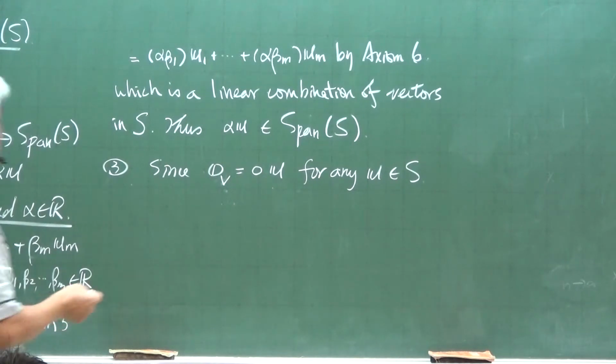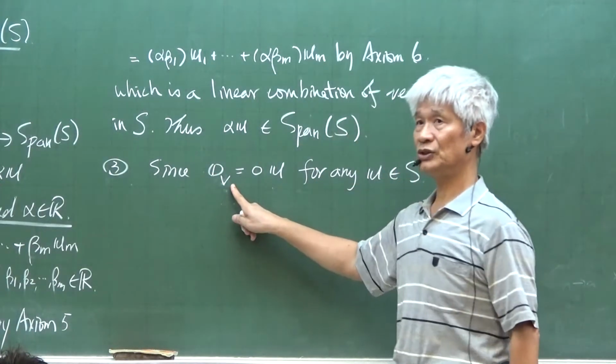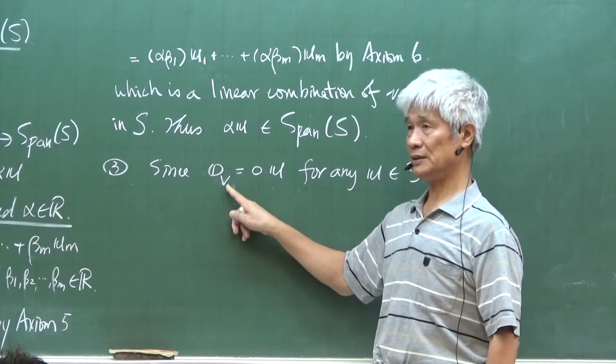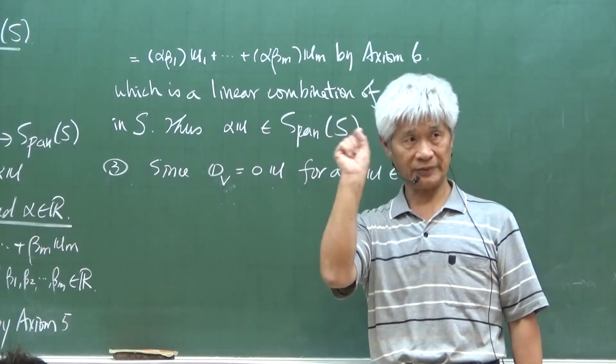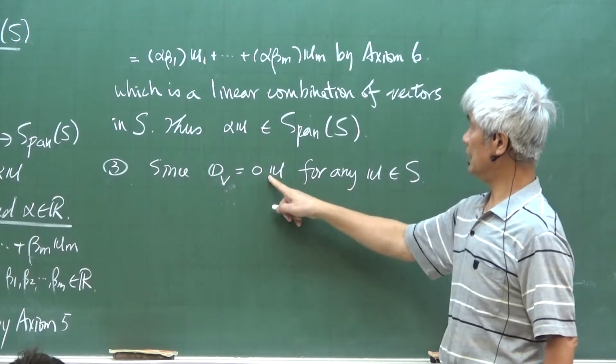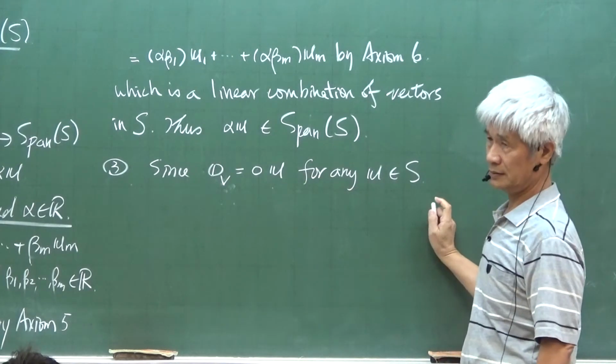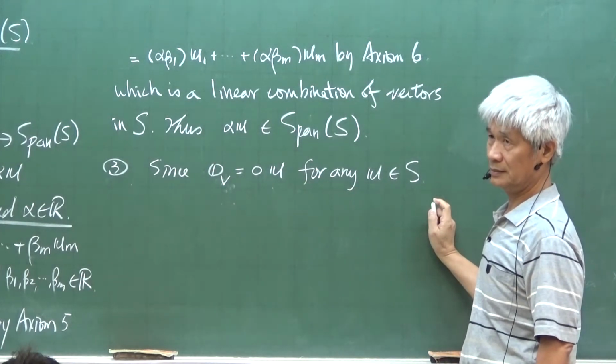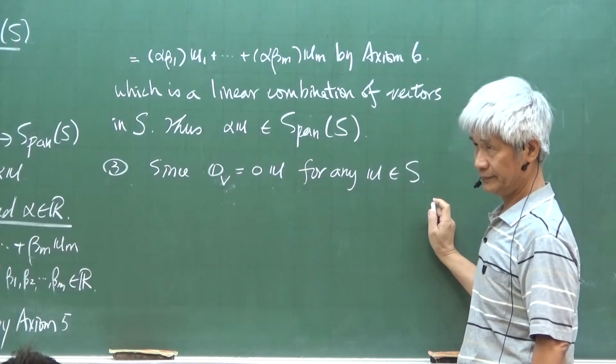So we deliberately denote this zero as being for the original vector space V. And then 0 times u for any u. Right?